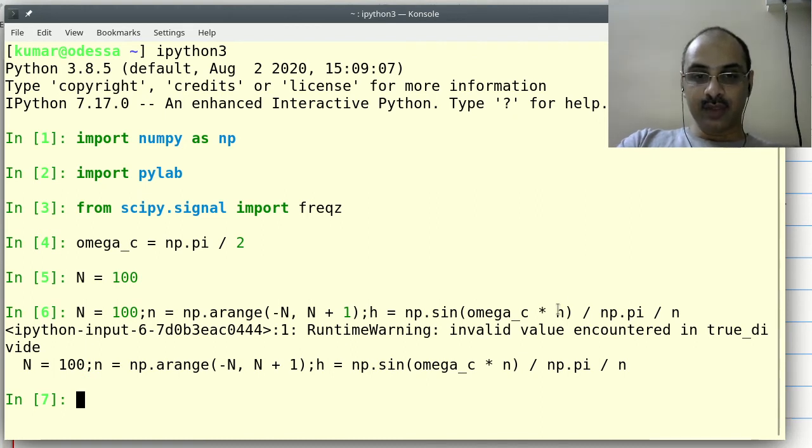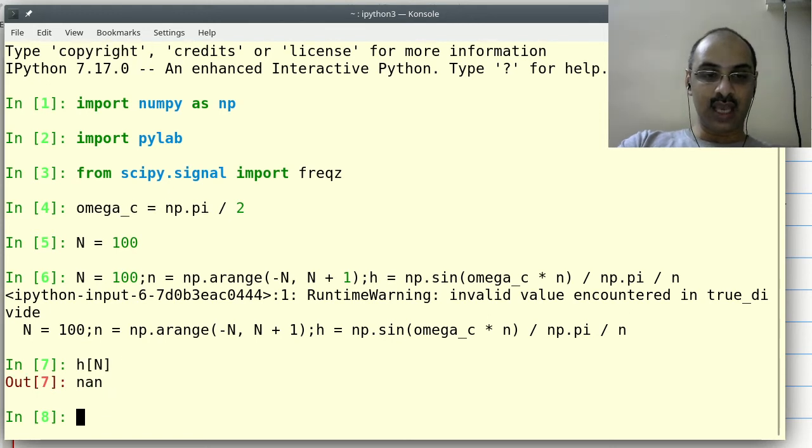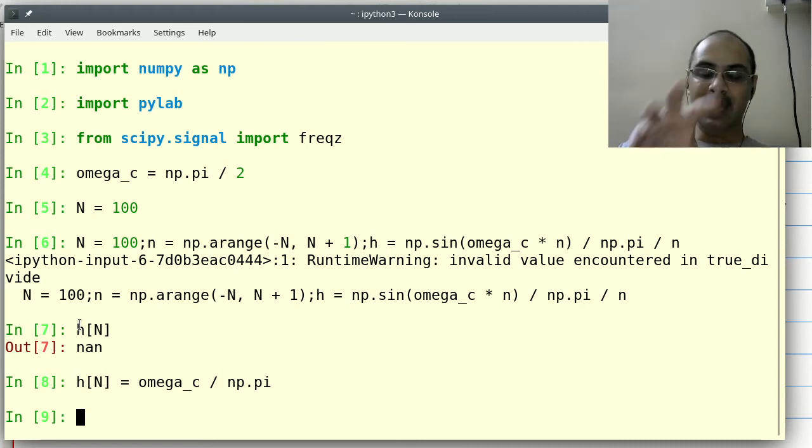Notice that numpy gives me a runtime warning, invalid value encountered in true divide. Let's check exactly where. That happens when n is 0, which will precisely be the 101st point, which I can show you. I get a NaN. So I can always patch it, and this is basically a patched version.